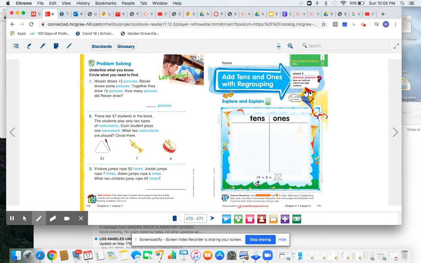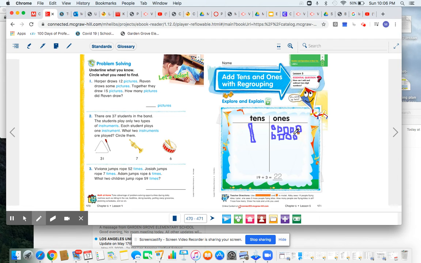So I'm going to tell you, Abby sees 19 people flying kites. Okay, so I want to represent the number 19. So I'm going to put 1 in the tens place, and then for the ones, I'm going to put 9 little squares. 1, 2, 3, 4, 5, 6, 7, 8, 9.